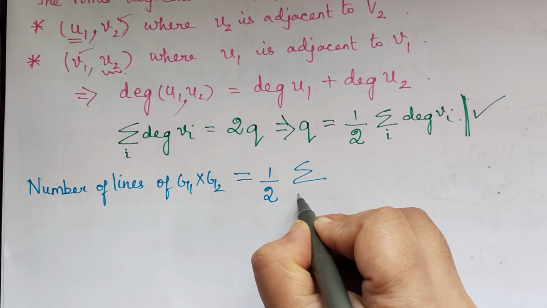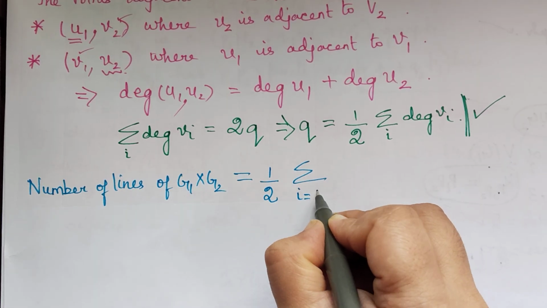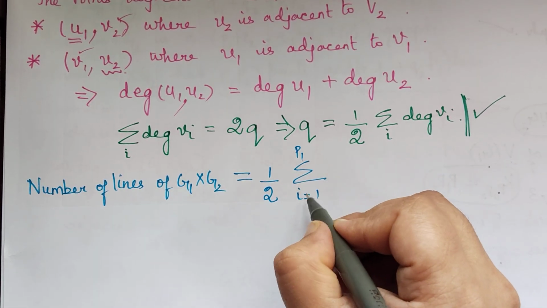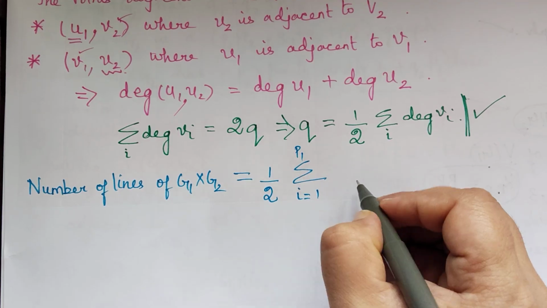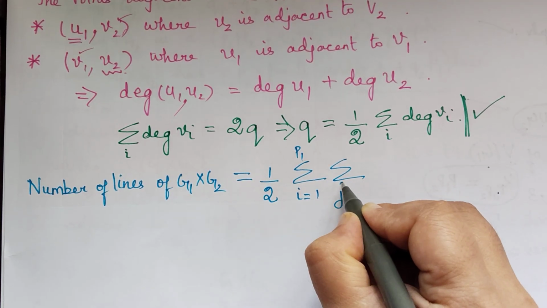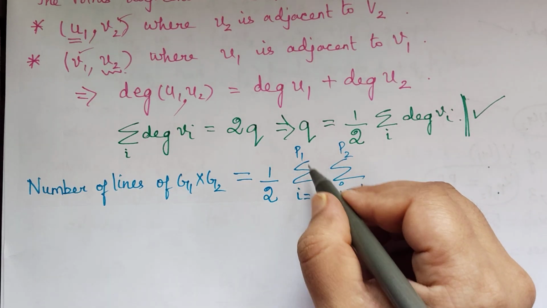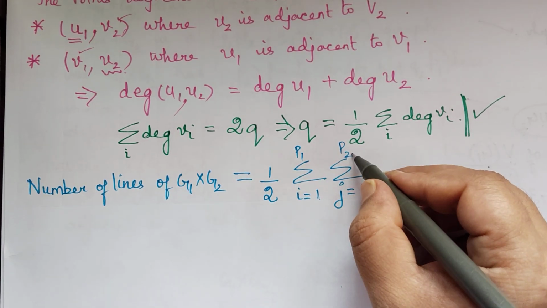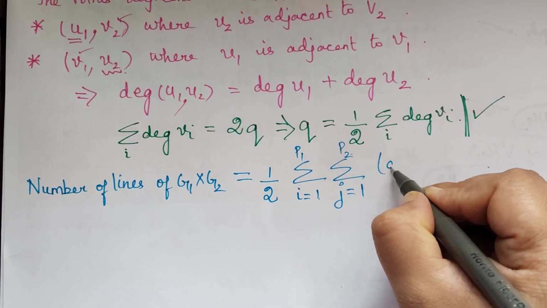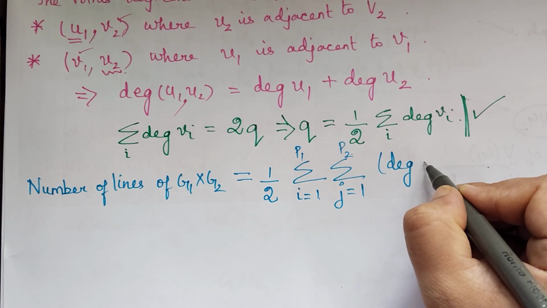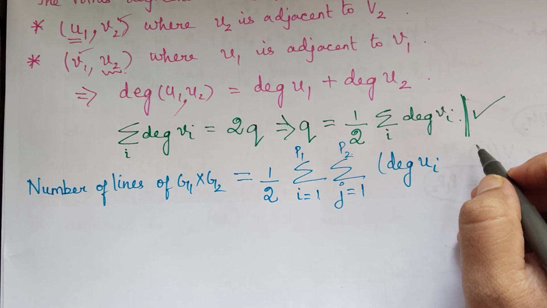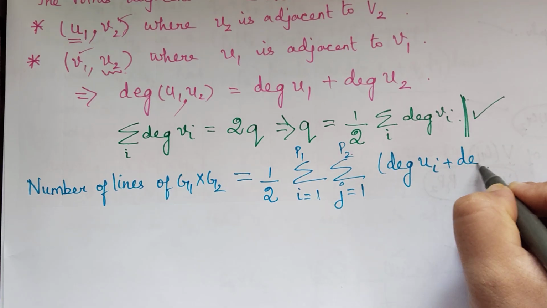Now here we have two parameters. One is i, which is for graph G1, and the other parameter we will take as j, and this is for graph G2. So the vertices run from 1 to P1 and 1 to P2. And what about the degree? Degree of, if we take this as ui, and for the other graph we will take it as vj.